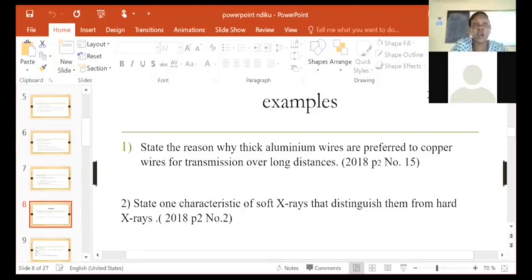Soft X-rays have a longer wavelength than hard X-rays. If it's the frequency, soft X-rays have a lower frequency than hard X-rays. So when we are comparing the two, a comparative term must come out. If you don't use a comparative term, no mark.